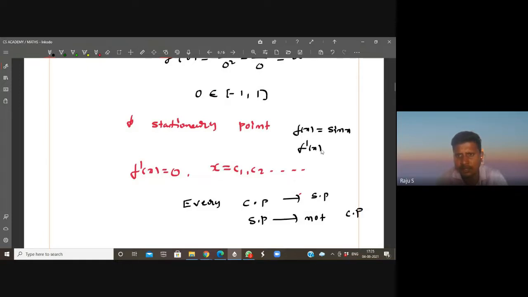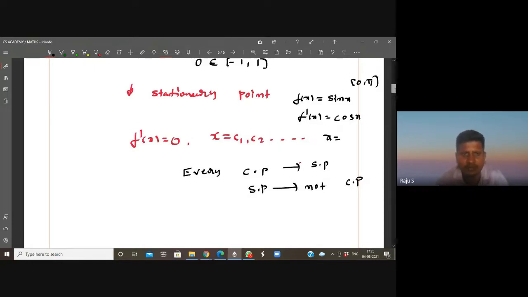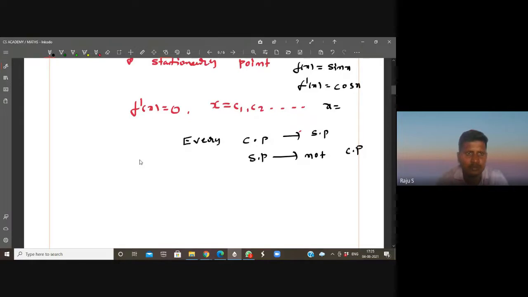F dash of x is cos x. You can take any interval here, any interval 0 to pi or 0 to 2 pi. We are going to get stationary points alone. We don't get any critical points here, because we never get the infinity, because cos is finite, sine is finite. So we never get the infinity. So stationary point, this we will discuss clearly.